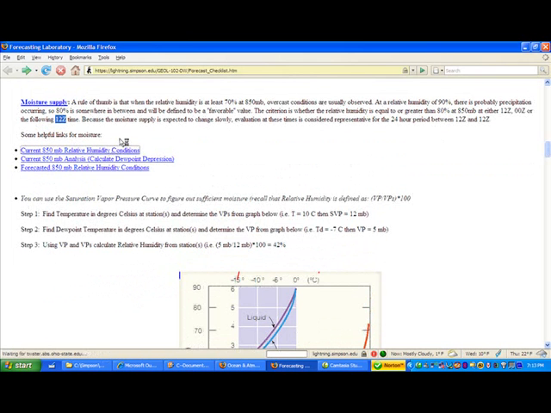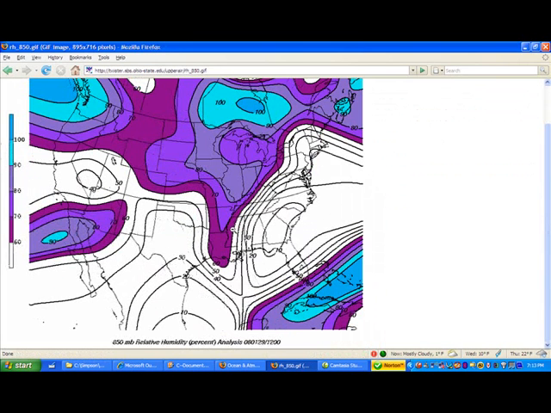What you'll notice here, I've given you a few links to look at moisture. So we'll go to this first one. I believe this is an Ohio State map. Yes. Now notice this, look down here at the bottom. It's 850 millibar relative humidity in percent, and it was done on January 29th, 2008. That's today.